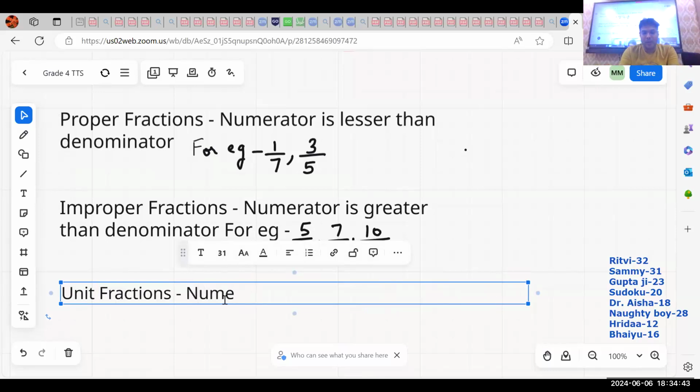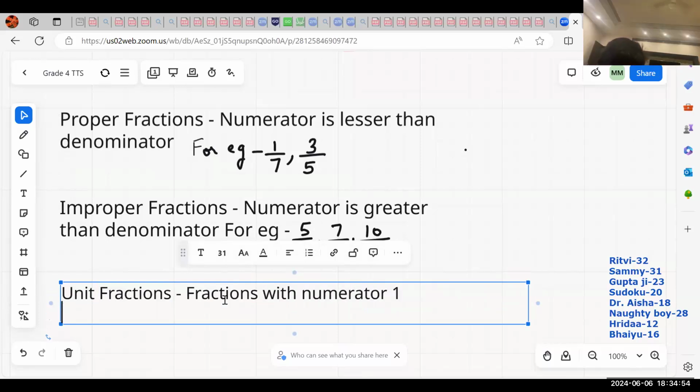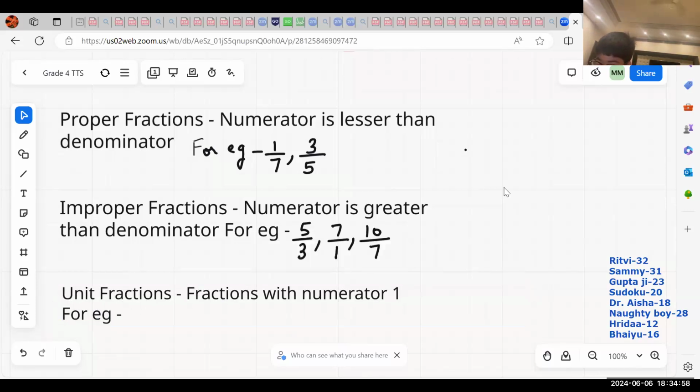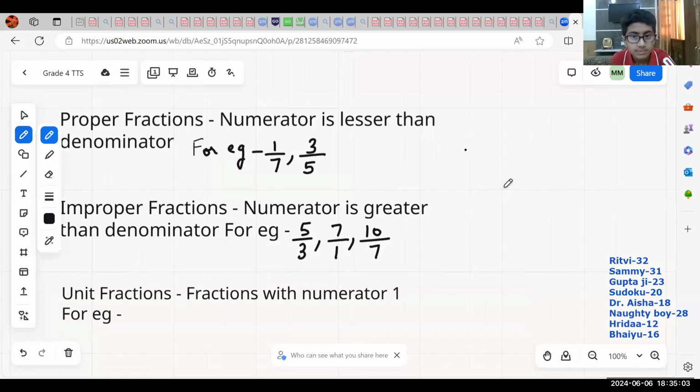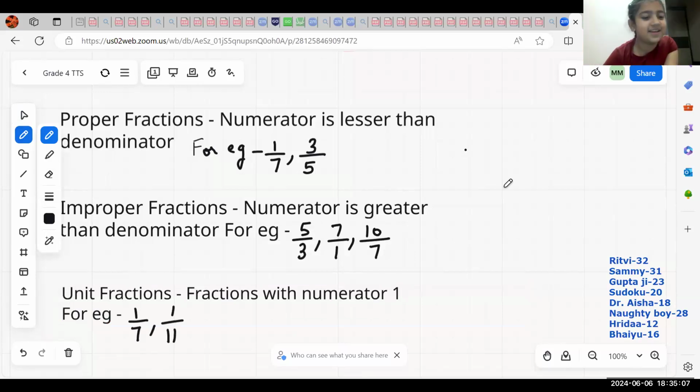Fractions with numerator 1. For example, 1/7, 1/11, 1/9, 1/3 also.